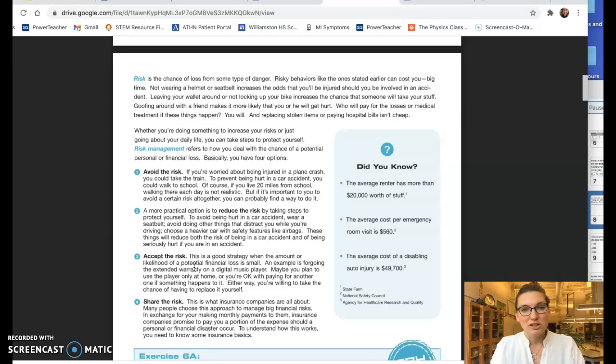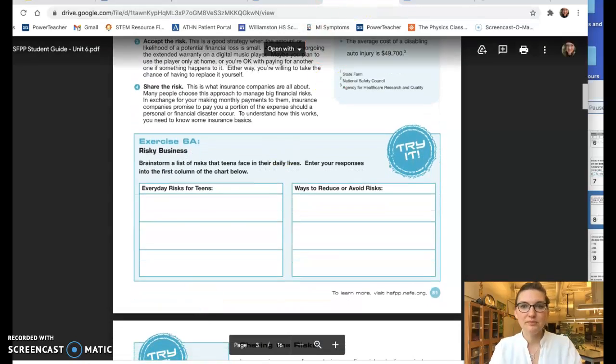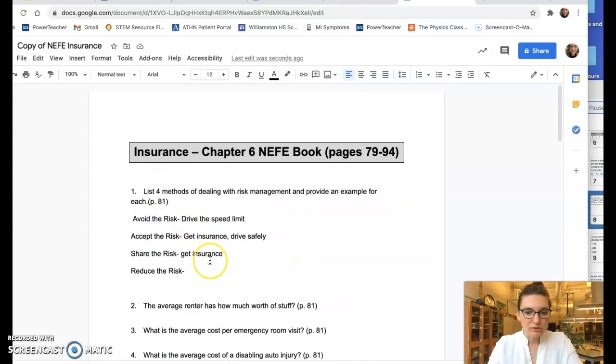Maybe it takes 3 years for it to get scratched, but I'm just going to accept that. That's fine. Or I could share it. I could buy a protection plan, right? Reduce the risk: keep my video games in their cases is a good example of that. Drive the speed limit, wear seatbelts is a good way of accepting the risk.